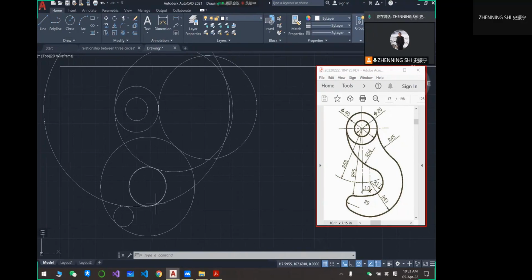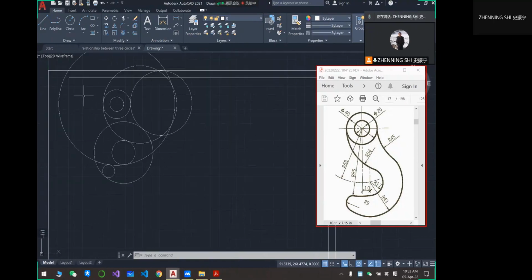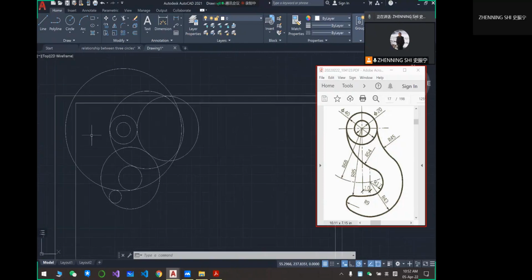And now how can we get the hook? You can see this boundary is the hook's boundary, right? Okay, so now I can use the trim. Let's trim the part that we don't need.